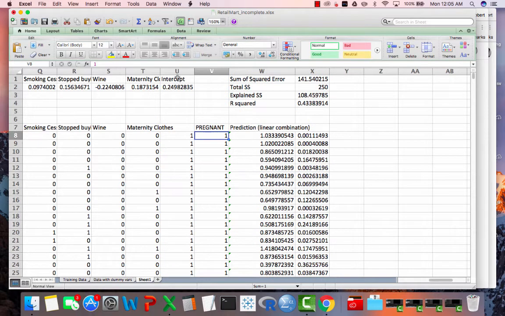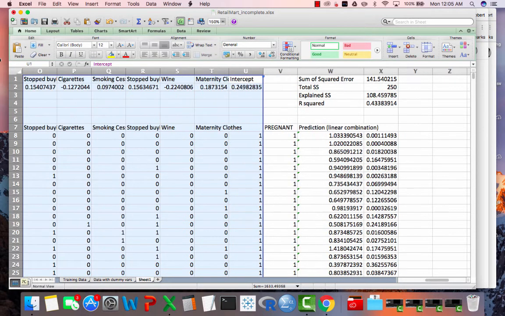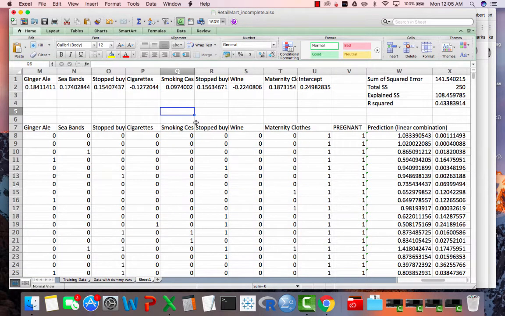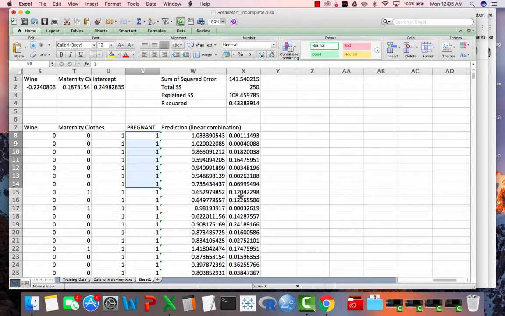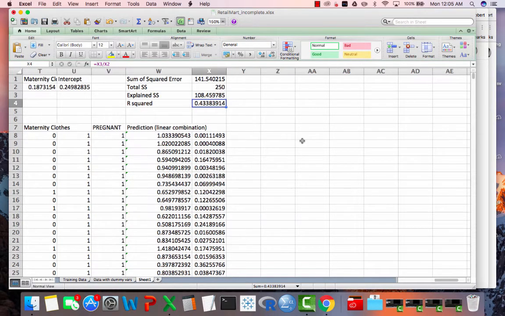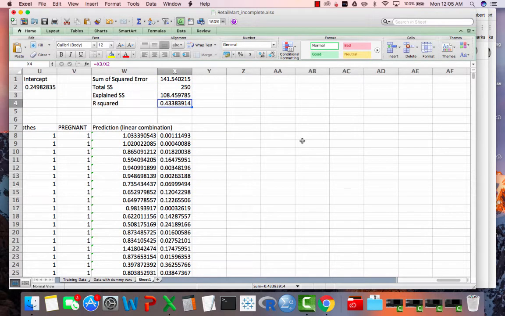If we just imagined that in the population, when you put all these variables together, they would not predict whether someone is pregnant. It would just be complete noise. If that were the case in the population, what are the chances that we would have gotten such and such level of an R-squared value? So that is the interpretation of it.